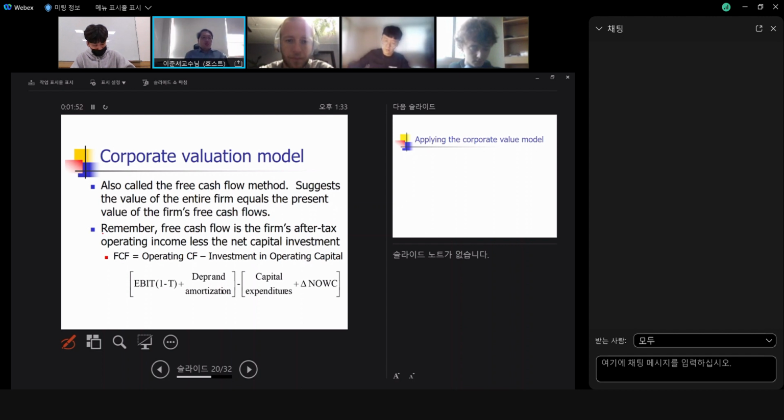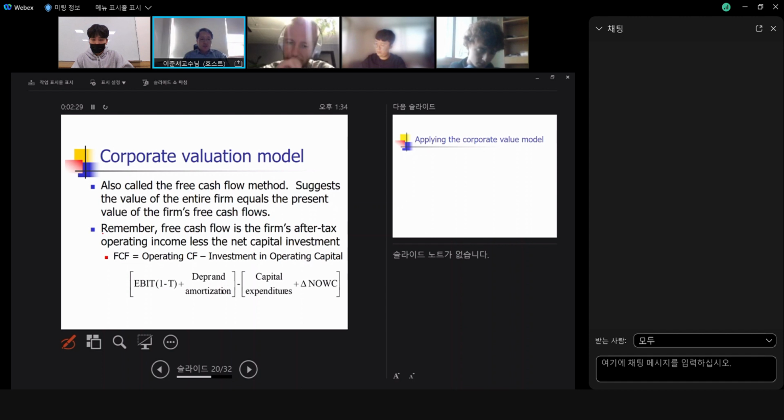So let's continue to figure out the corporate valuation model. As I told you, we will cover the details and issues about corporate valuation, but what you should know is just the frame of the whole rough procedure to get the final answer, which is the intrinsic value of the stock.